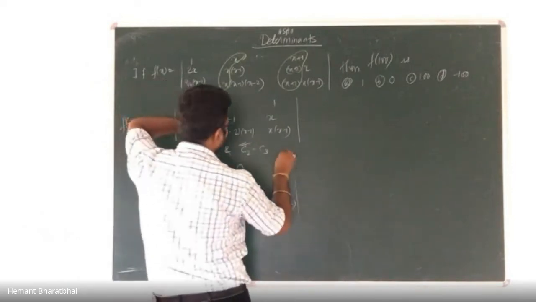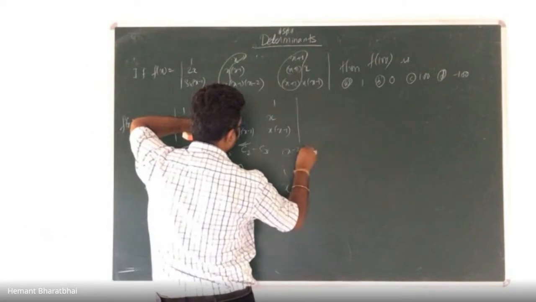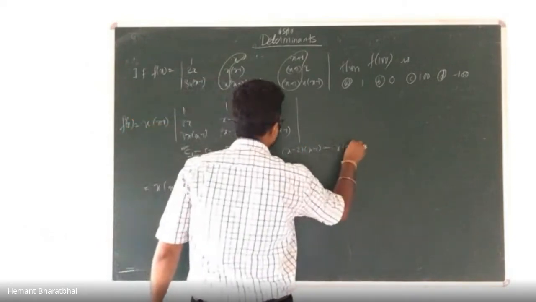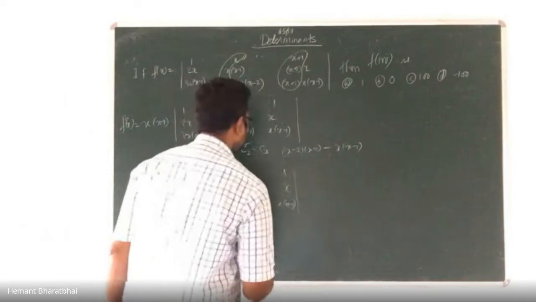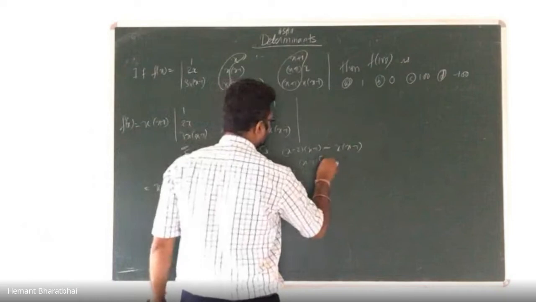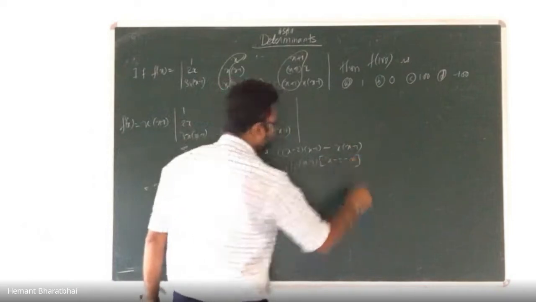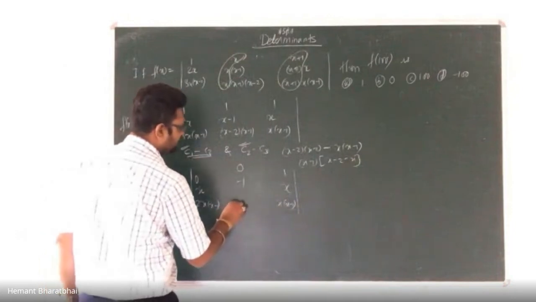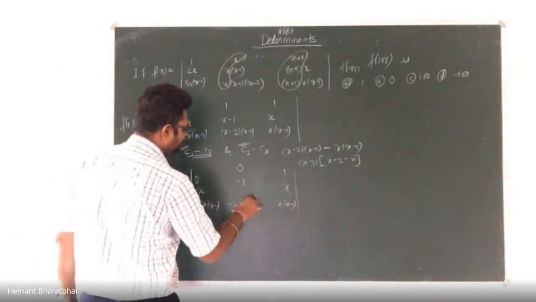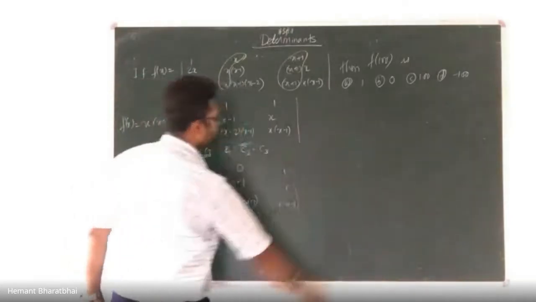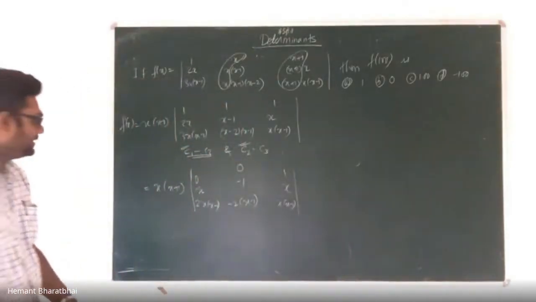And over here, x minus 2 into x minus 1 minus x into x minus 1. So x minus 1 I can take common. What will remain inside is x minus 2 minus x. So plus x minus x gets cancelled, and I'll get minus 2 into x minus 1.